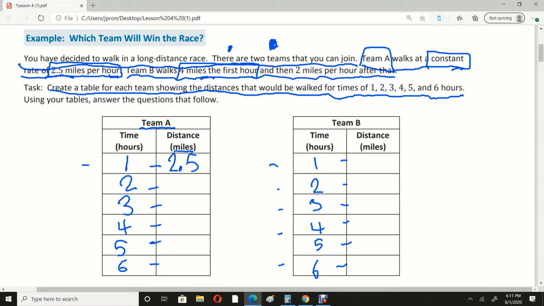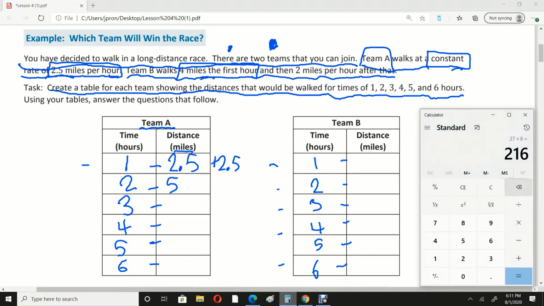So in the first hour, they'll have traveled 2.5 miles, right? So in the second hour, they'll have traveled another 2.5 miles to get to 5 miles, because 2.5 plus another 2.5 equals 5, right?